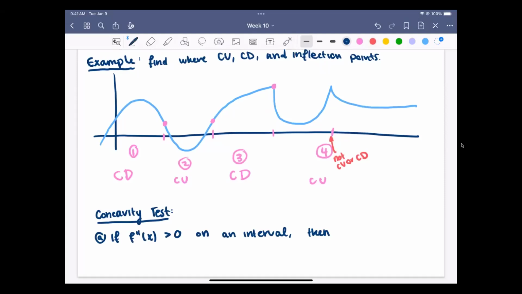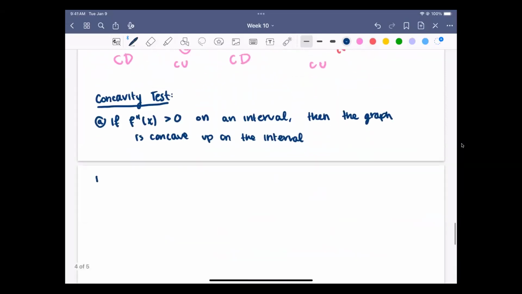Yeah, so we'll be concave up here. And then part B is the opposite.